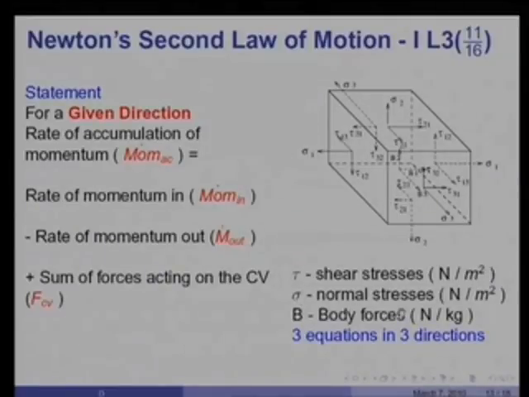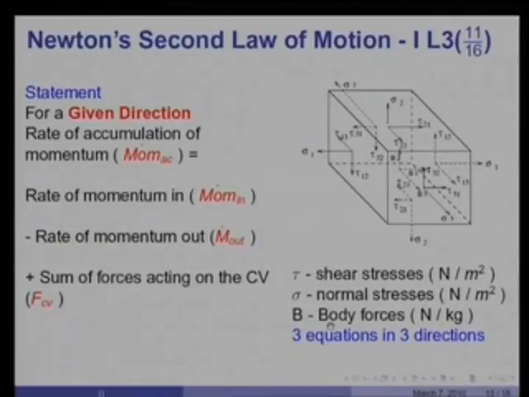Sigma is the normal stress. It is tensile and therefore points outwards from all surfaces. Sigma 1 here, sigma 2 here, and sigma 3 on the back, and likewise sigma 1 here, sigma 3 here, and sigma 2 there at the other surfaces.